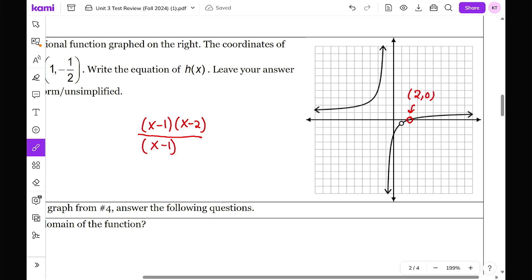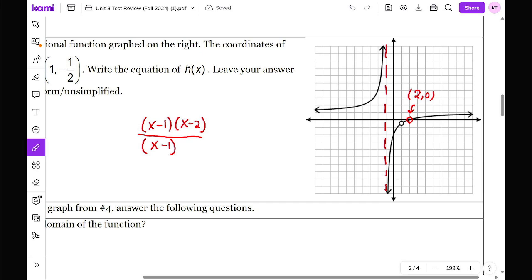Lastly, I want to go ahead and get my vertical asymptote. And my vertical asymptote is found by setting my denominator equal to 0. So again, we're going to assume right now that my x minus 1s are canceled out for our hole. And I'm going to have to look at my graph for that. And I see I'm going to have a vertical asymptote here at negative 1, because we see that we are approaching negative 1 from the right side and the left side of the function there.